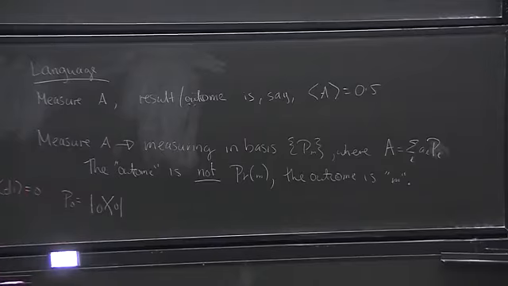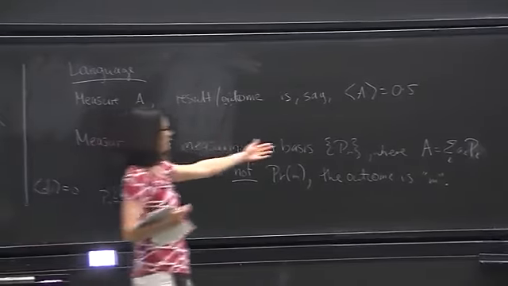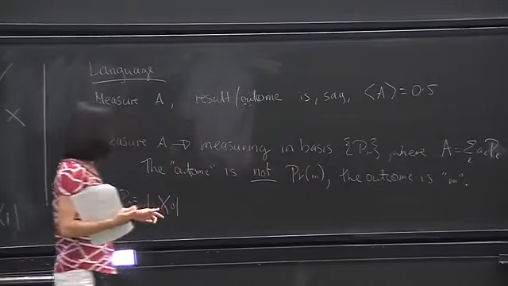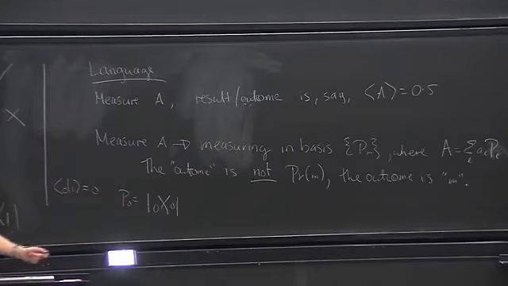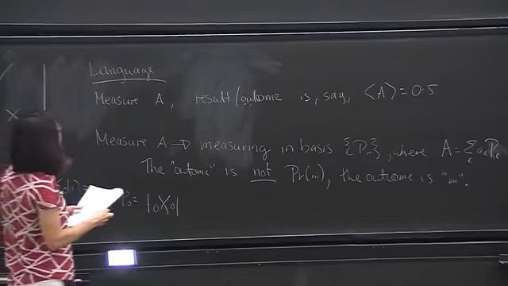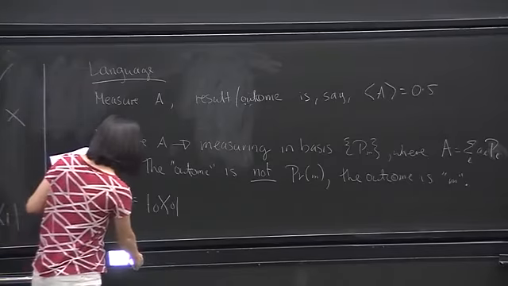You never measure a projector. You measure something that's a set of projectors, and a specific value of m is an outcome. So maybe we'll come back to that, but I just wanted to make a note on that. You measure in a basis, and you get outcomes corresponding to individual m's.